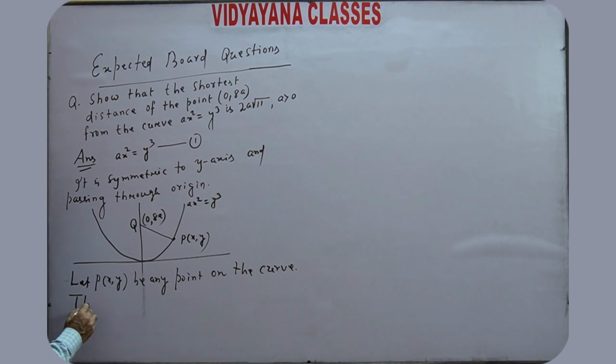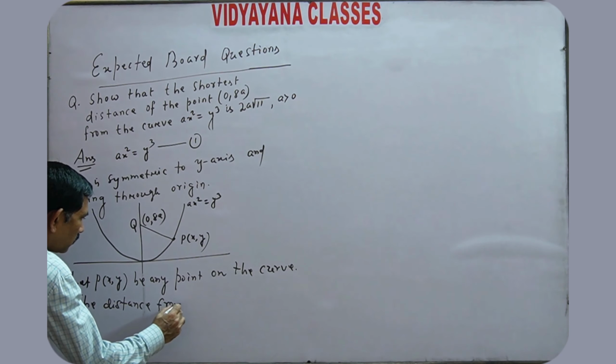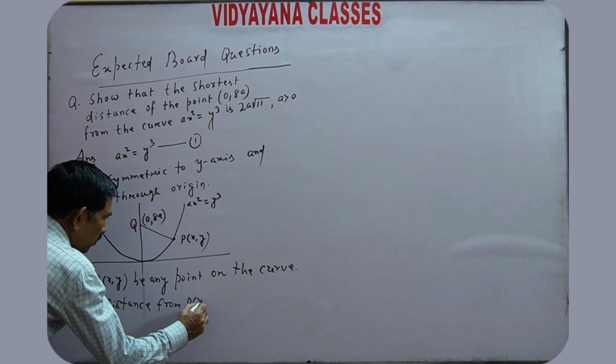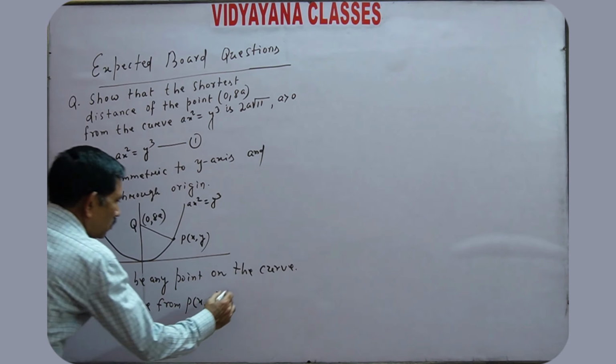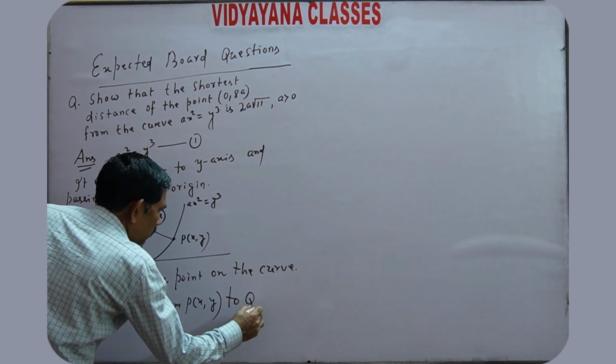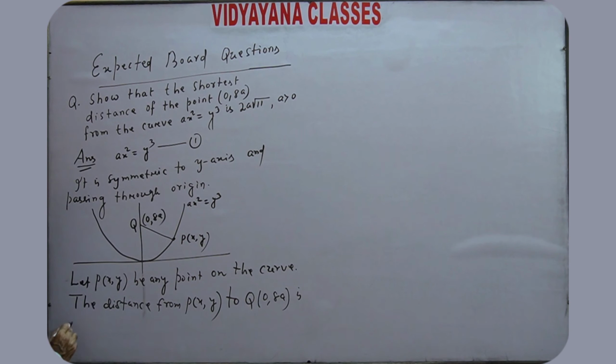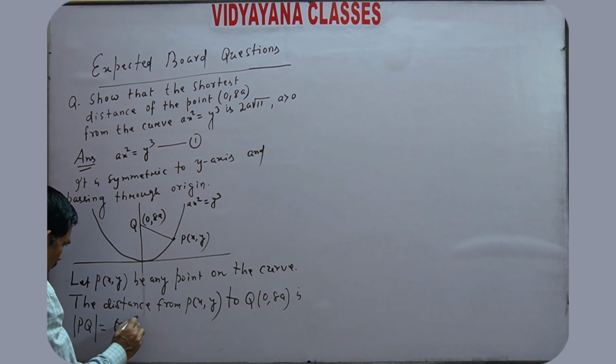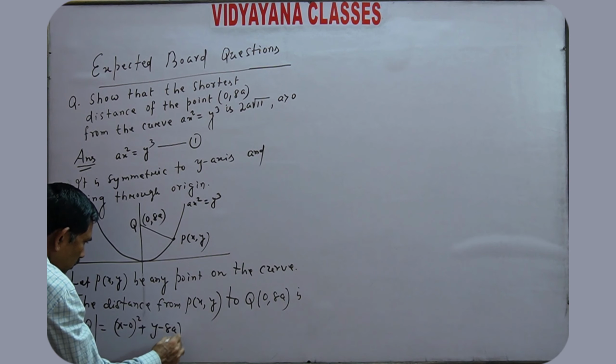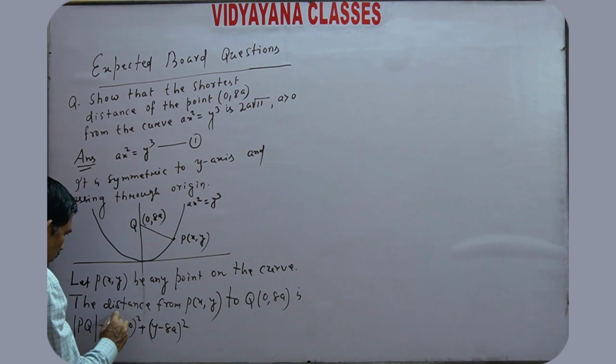The distance from P(x, y) to Q(0, 8a) is |PQ|, which is equal to the square root of (x − 0)² + (y − 8a)².